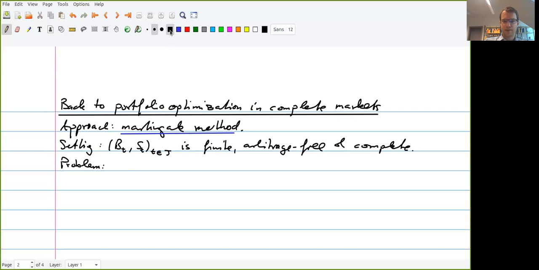Given an initial capital x0, so this is the amount of money we have, and we wanted to start with something positive.